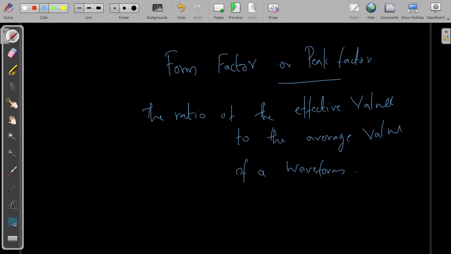So in this case, the form factor or peak factor is equal to the RMS value divided by the average value of a sinusoidal or alternating current waveform.